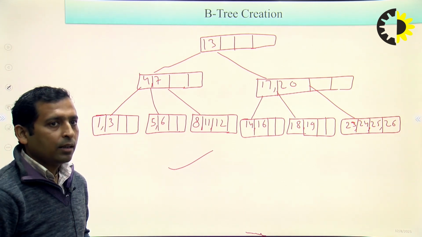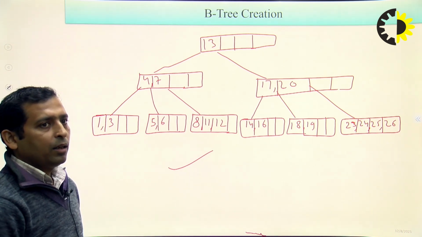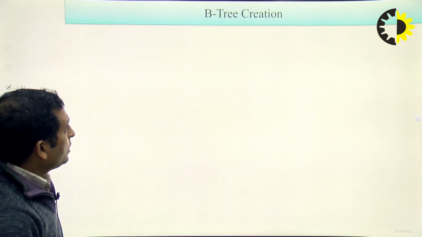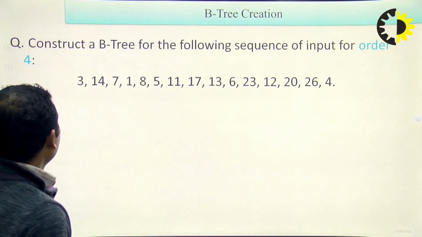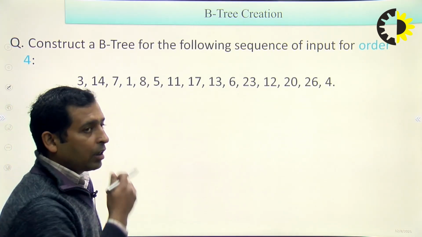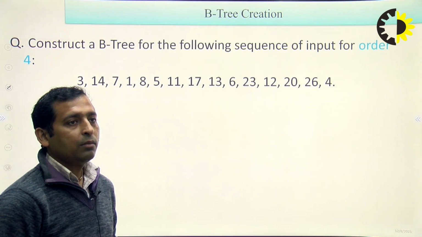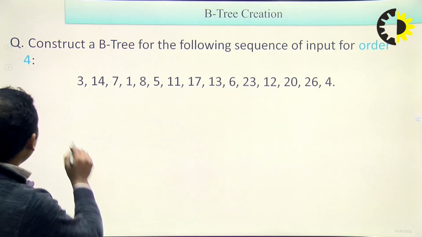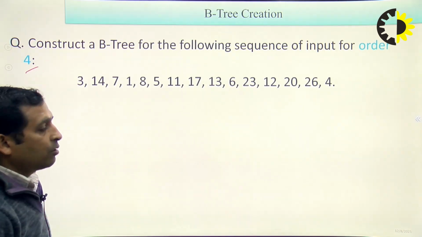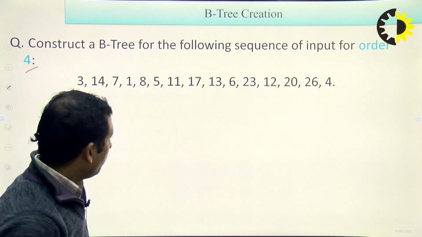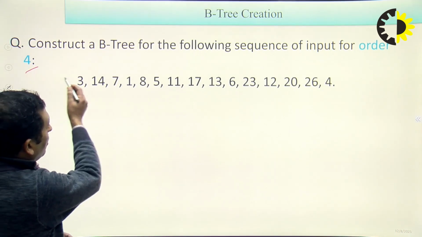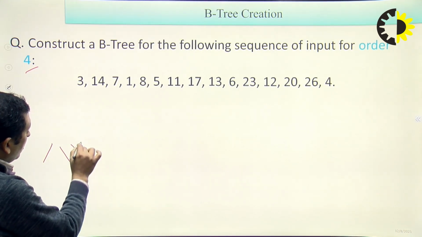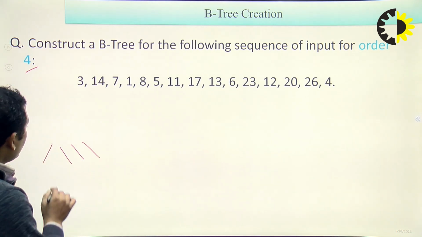We can select another example also. Now this is easy to split if the order of the B tree is odd, just like 3 in this case. But if the order of the tree is even, from where do we split? What does the order signify? It means the maximum number of children, that will be 4 in this case.